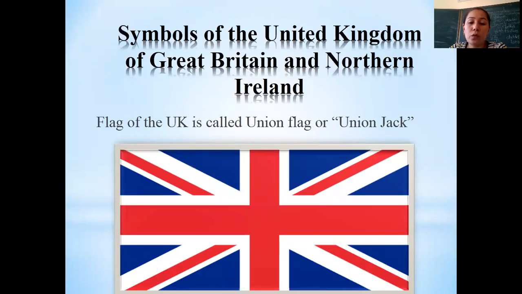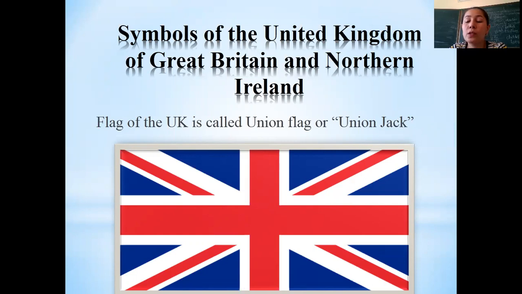So now, first of all, let's see the flags of the United Kingdom. The flag of the UK is called the Union Jack or the Union flag. Why do we call it like that? Because all parts of the UK have the only flag here.